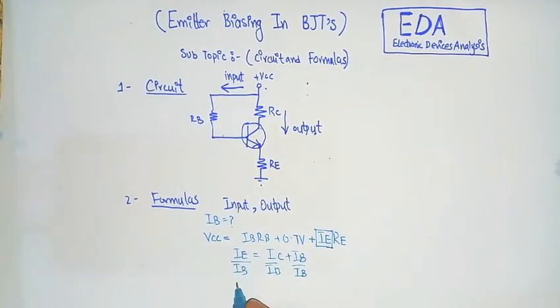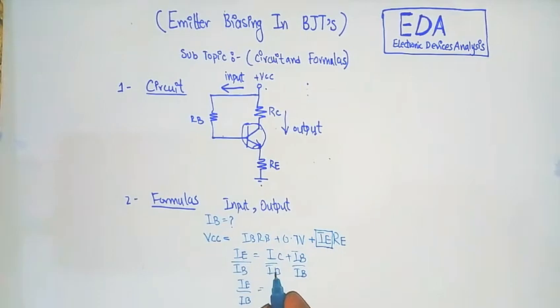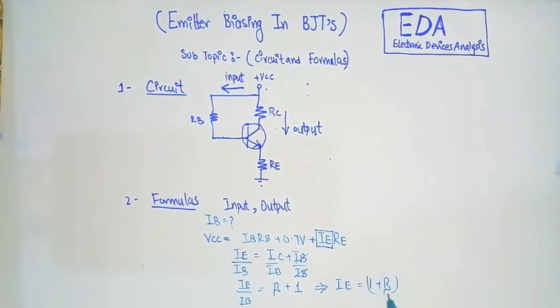So IE over IB will be equal to IC over IB, which is beta, plus IB over IB, which will cancel and be equal to 1. Therefore IE will be equal to 1 plus beta times IB.